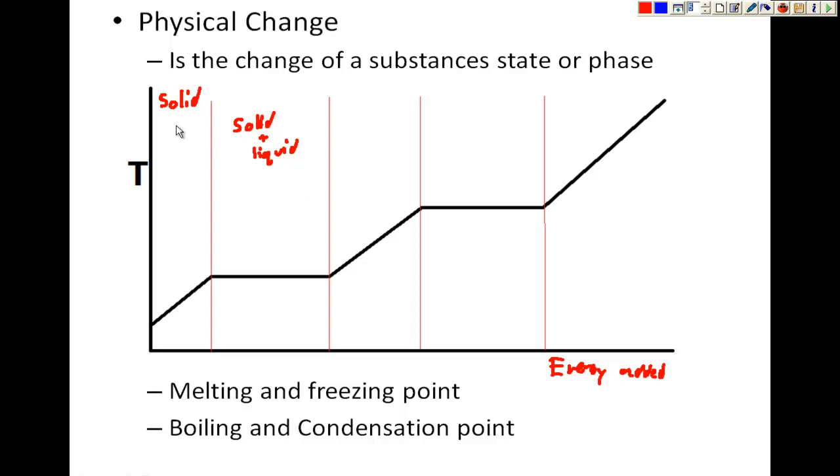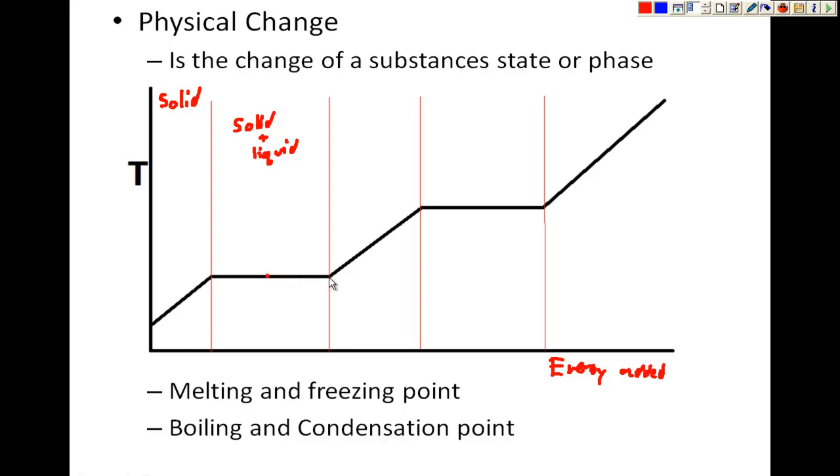And you've seen that before, where we have an ice cube, and it reaches a certain point where half the ice cube is still ice and the other half of it has turned into water. So if it's half ice and half water, that'd be somewhere right about here. Half of it's still solid and the other half is still liquid.